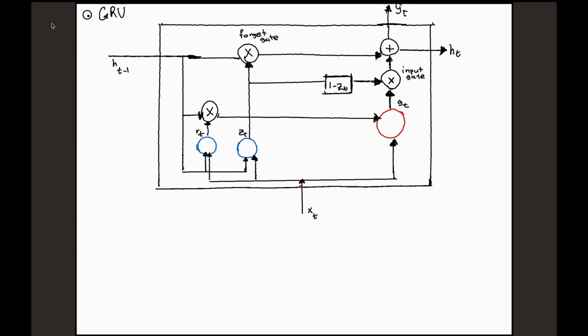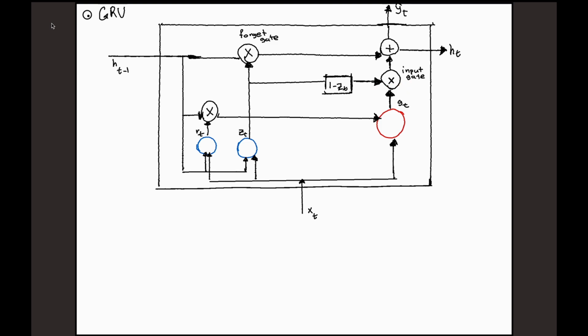Again, X, your input, is going through all of the nodes: Z, R, and G. H is going to get fed directly to R and Z, but indirectly to G through multiplication by the output of R. ZT tells you what percentage of the forget gate we use, and 1 minus that is what percent of the input gate we use.